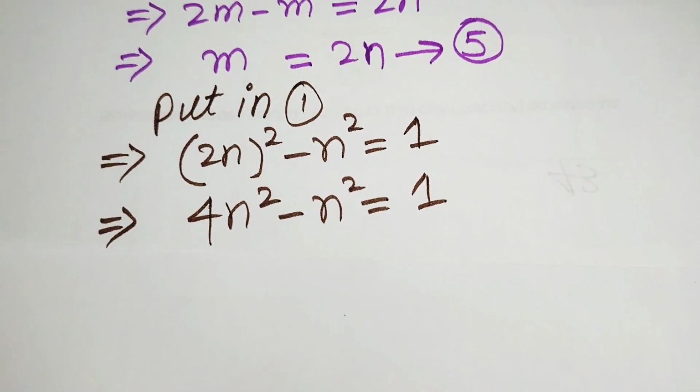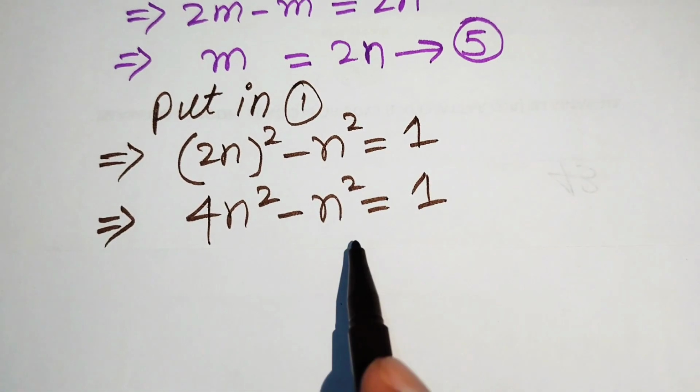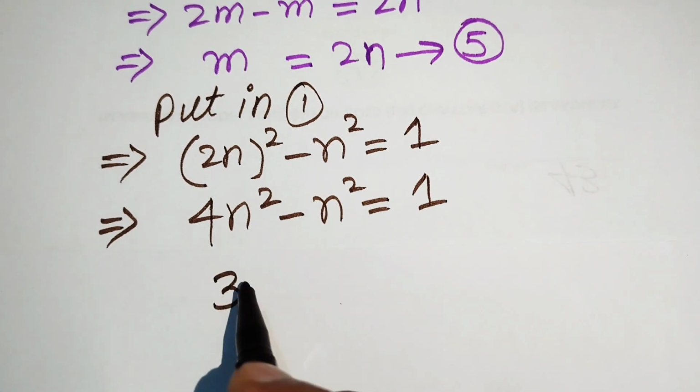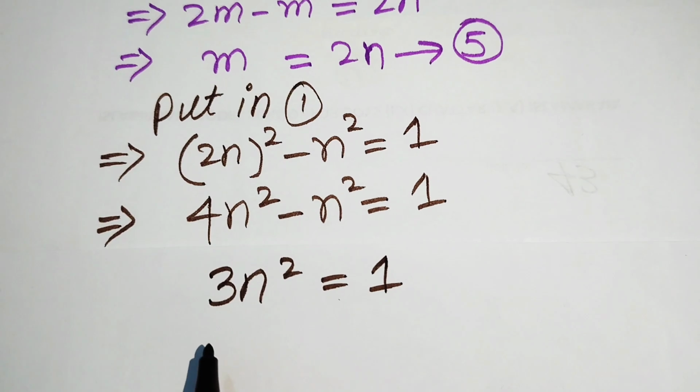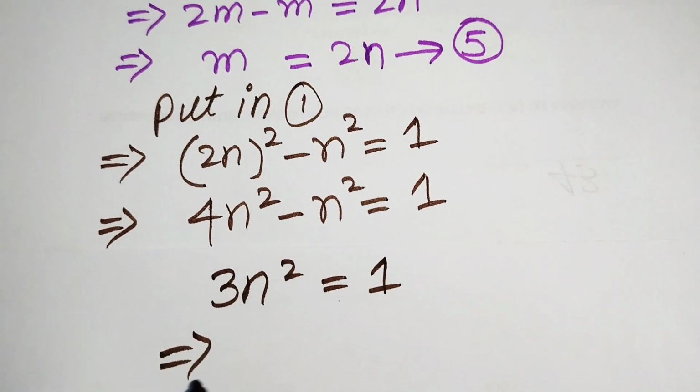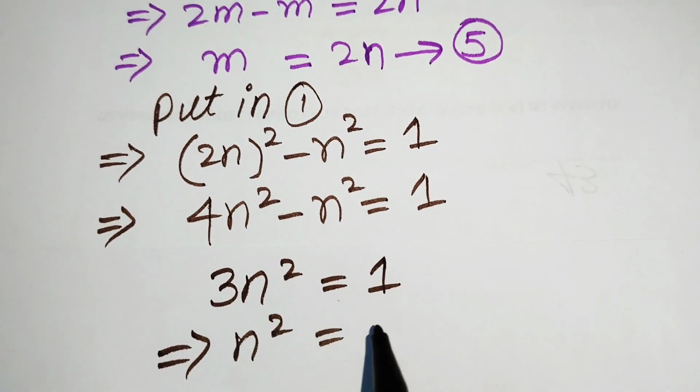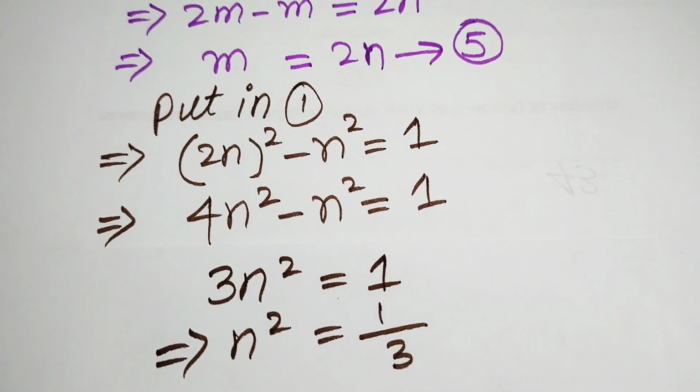And now in the next step we subtract 4n square by n square, and we get 3n square equals to 1. And now we move this 3 to the right hand side, and it is written as n square equals to 1 over 3.